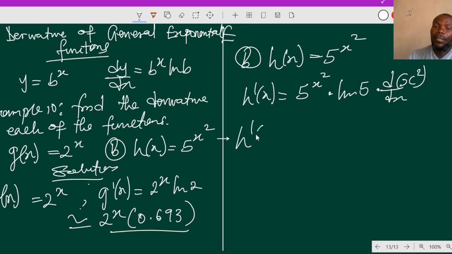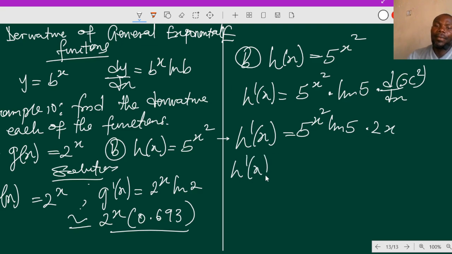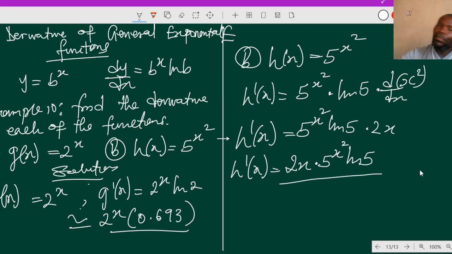That is why we have 5 raised to power x squared, ln 5, times 2x. So the final answer will be, you can't multiply anything because they are different things entirely, 2x times 5 raised to power x squared ln 5.